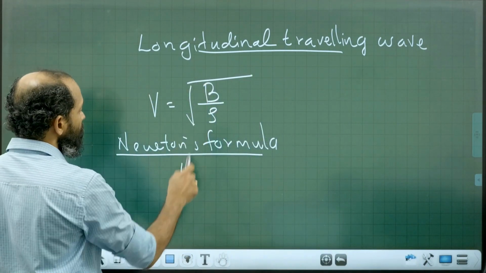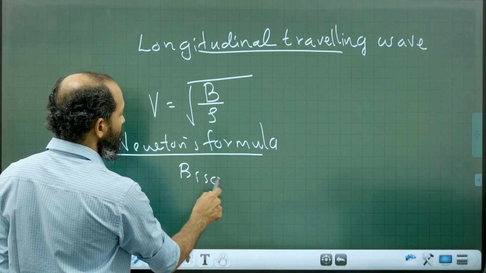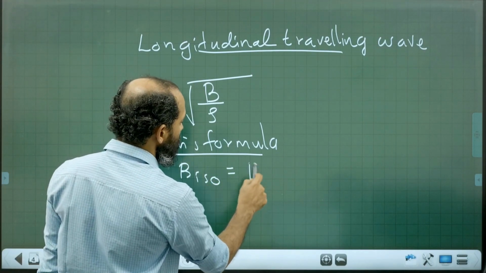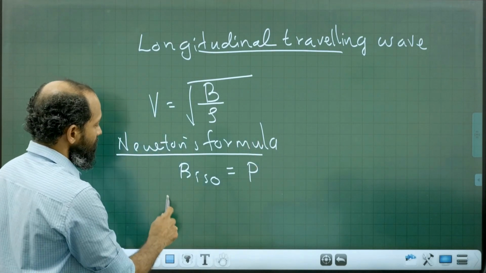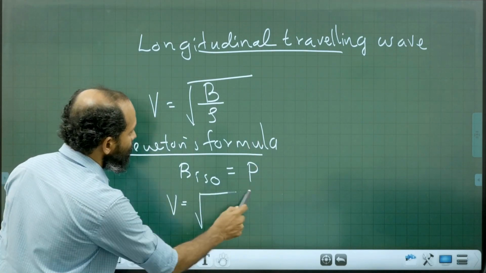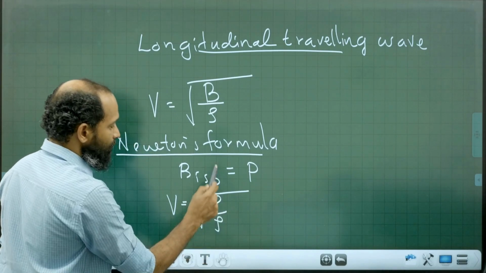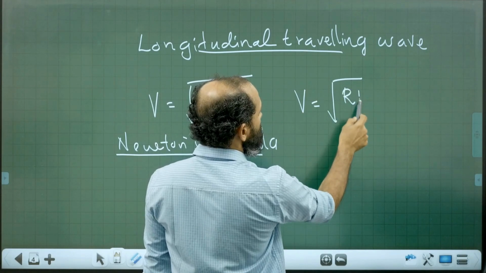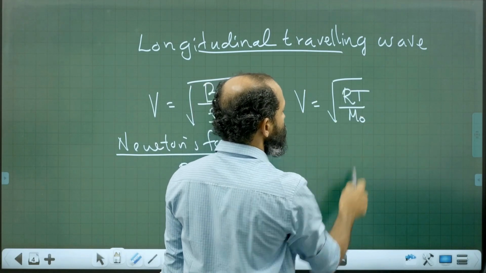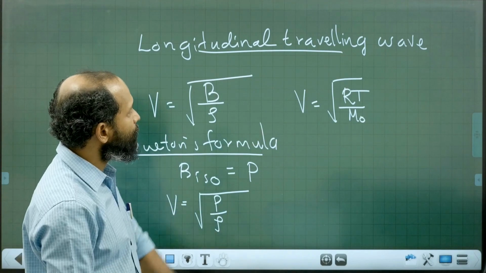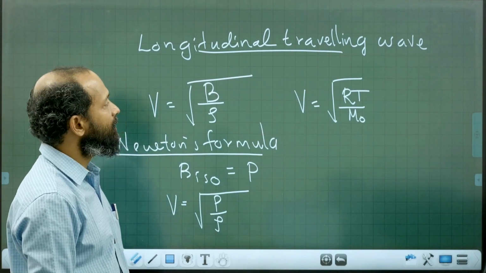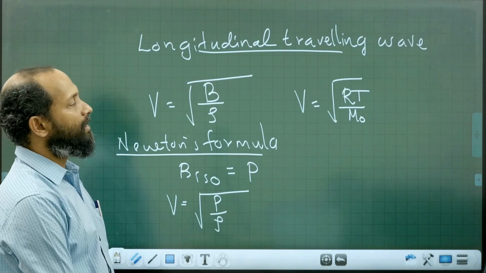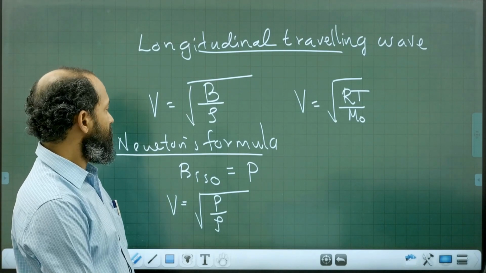Then that bulk modulus is isothermal bulk modulus or isothermal elasticity, which is shown to be equal to the initial pressure. So velocity equals root of P by rho. But we have learned in kinetic theory, P by rho has to be RT by M0, where M0 is the molar mass. So this should have been the formula for velocity, but it is incorrect. There are many discrepancies, lots of discrepancies in comparing with the practical results.